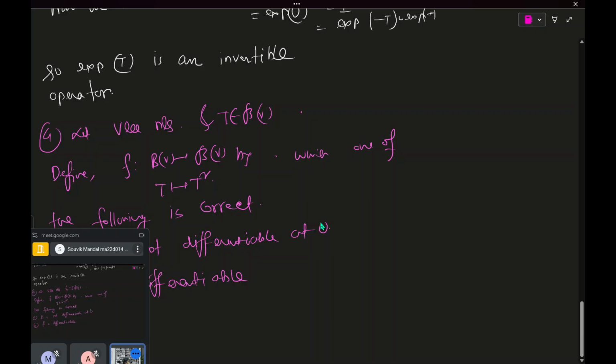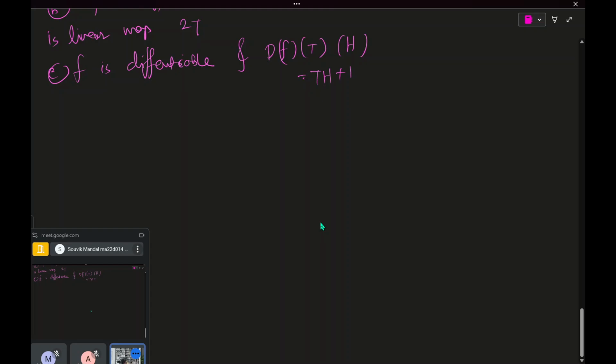Third one, F is differentiable and dF(T)(H) is equal to TH plus HT. And the fourth one is F is a continuous linear operator.